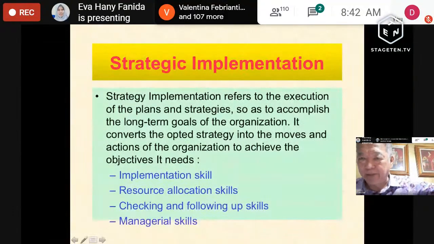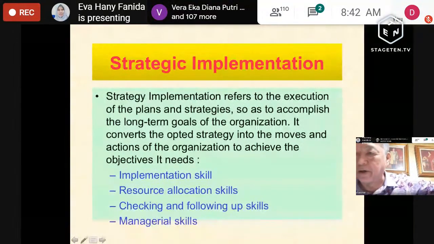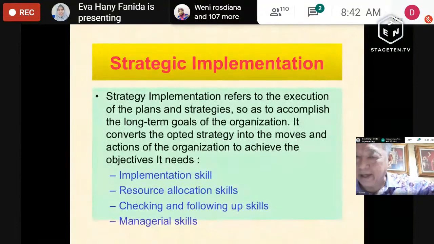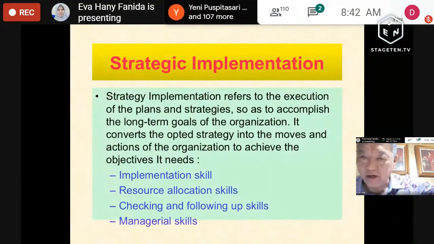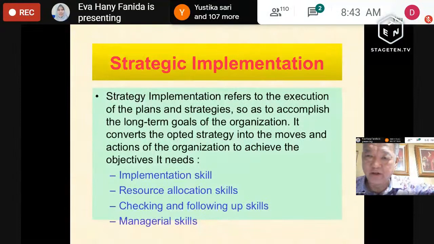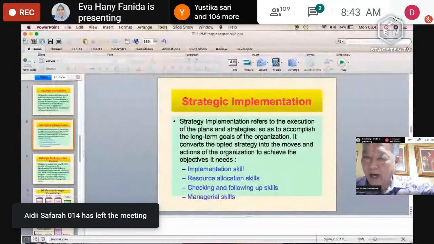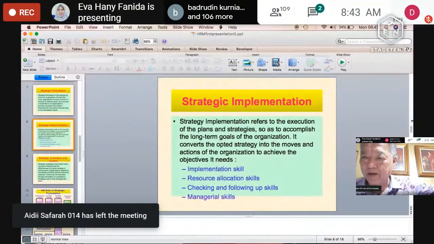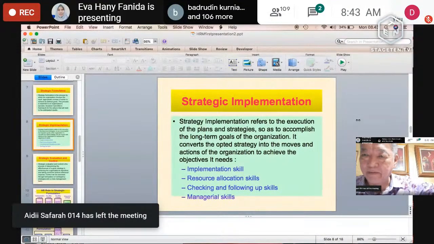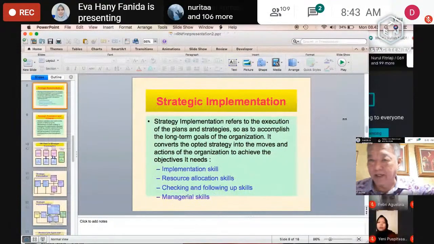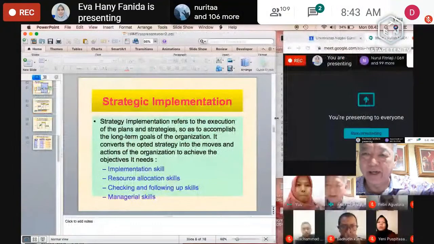We need some skills. Okay, the first is implementation skill. So you have to know how to make it successful. The second one is resource allocation skill. You need to know how to allocate the resources you have: money, man, materials, machines and so on.